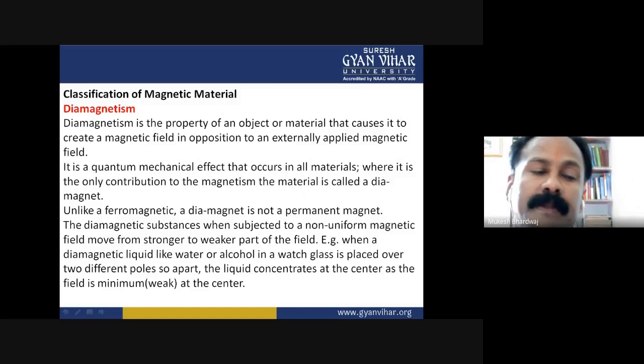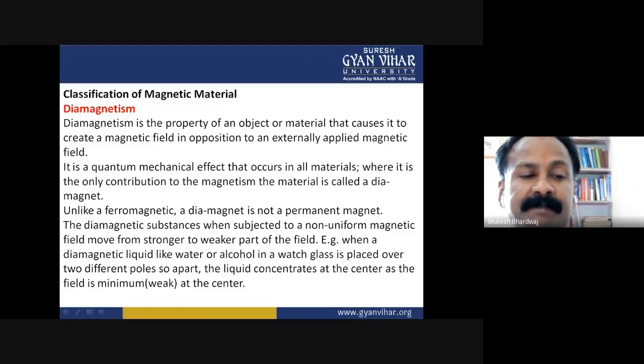B equals mu naught H plus mu naught M, which equals mu naught mu R H, where M equals (mu R minus 1) times H, given as susceptibility times H. Now I introduce one more term, susceptibility, which is a dimensionless quantity.